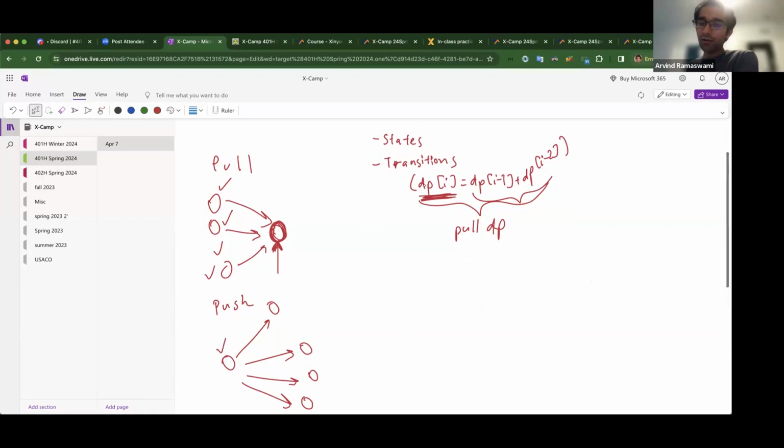Instead of writing it in terms of your earlier states, you let this be dp[i], and these are your future states. You find the contribution of the current state to the future states. So it's going to be something like dp[i+1] += dp[i], and then dp[i+2] += dp[i]. This is a push DP style of writing transitions.